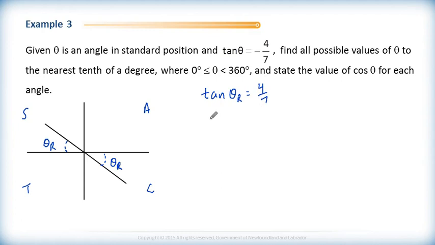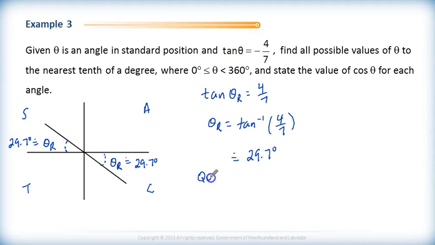We use our calculators, do inverse tan of 4/7. Notice I'm using the positive 4/7, not the negative, to get the reference. Inverse tan of 4/7 works out to be approximately 29.7 degrees. So we've got the reference angle 29.7 for both cases.